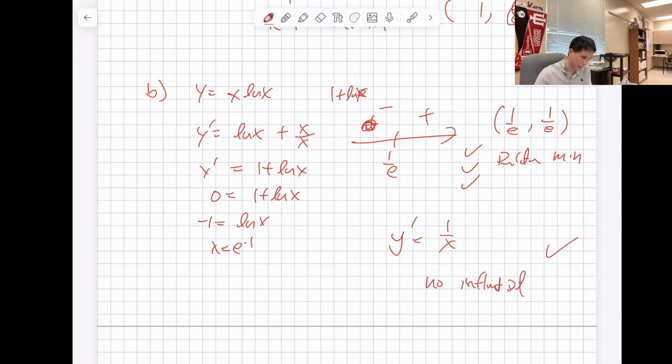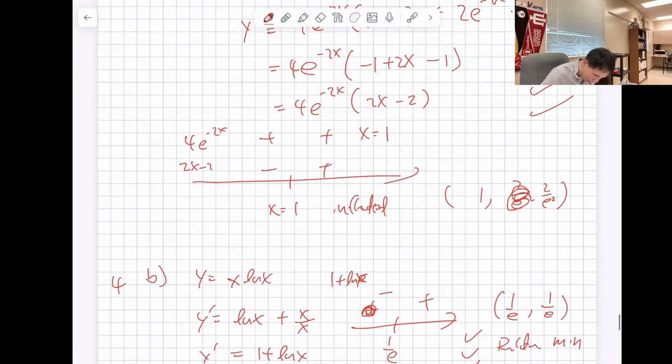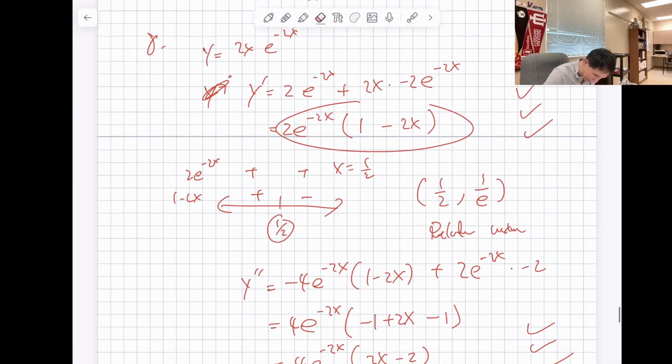That's only one extra check mark. 1 over x can never equal 0. It does have a concavity change, but it doesn't count because on the left-hand side it's not a function. So this is a 4 check mark, and this is 6 check marks. This is kind of different wording, different thing.